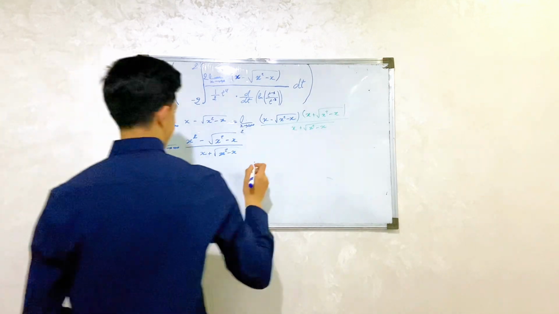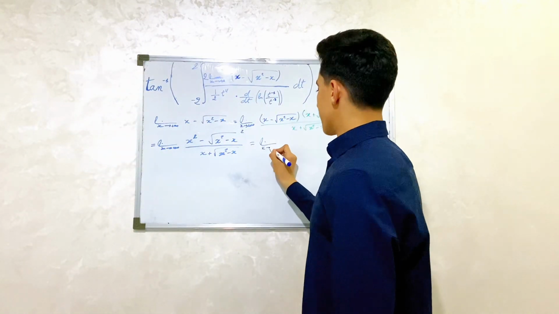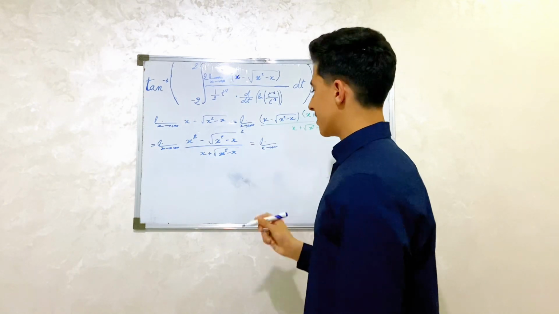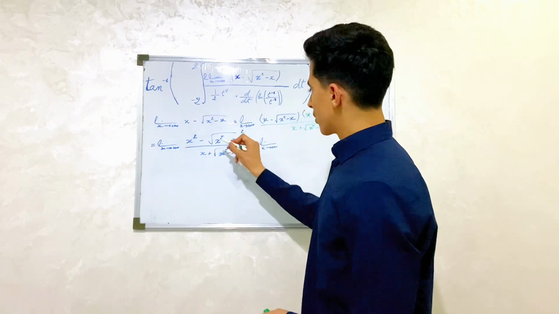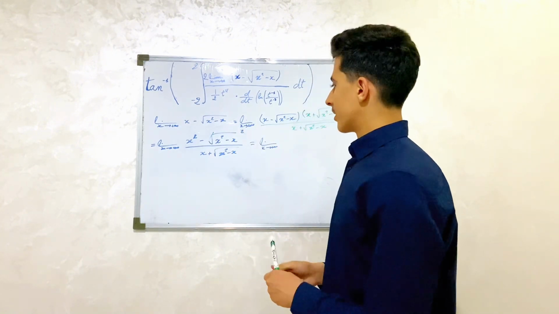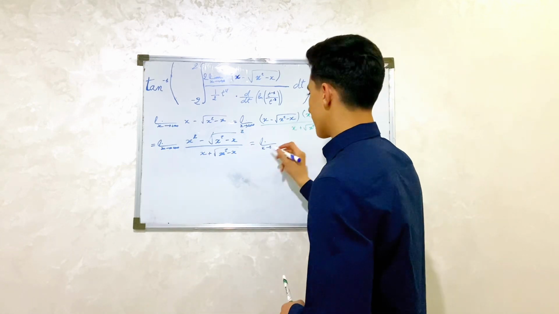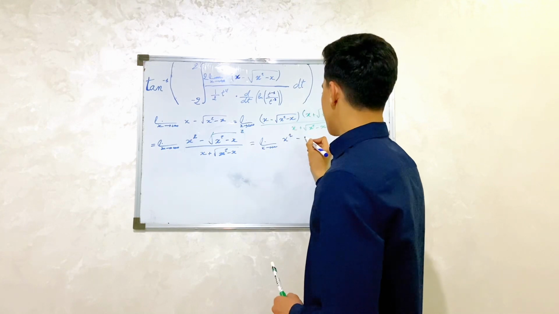So this gives us the limit as x approaches positive infinity. Now we can just cancel the square root with the square, giving us the limit as x approaches positive infinity of x squared minus x squared.